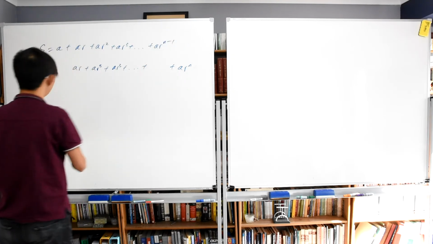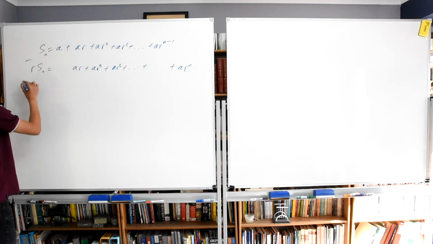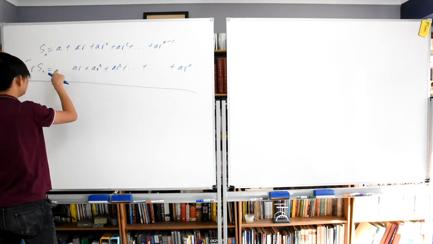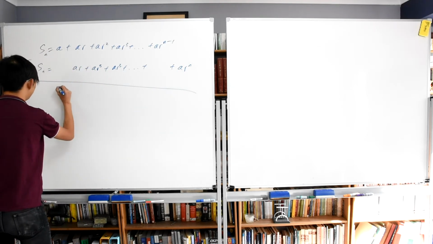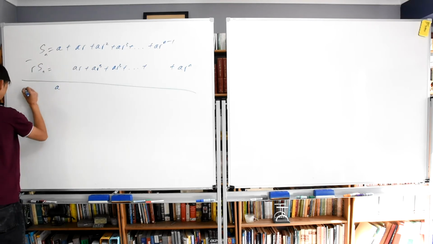What we're going to do now is vertically subtract. a minus nothing, we're going to get a. Or rather, we should go Sn minus rSn.